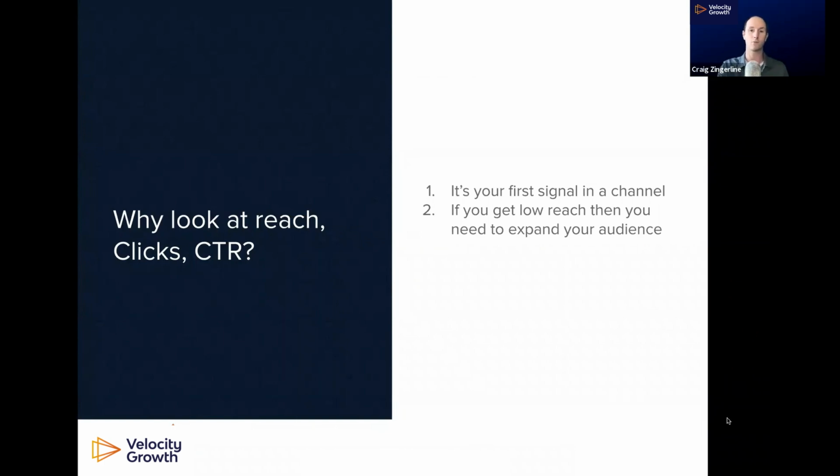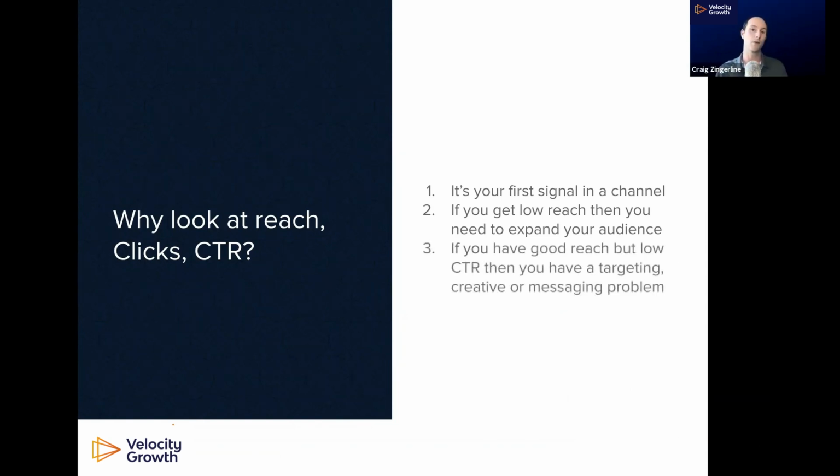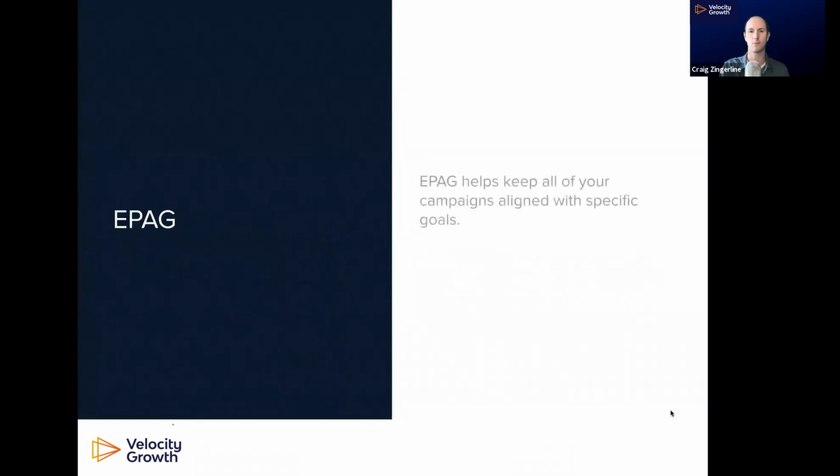But if you're getting too low of reach and you are doing a lot of this really granular targeting, think about expanding that audience. Conversely, if you've got great reach, but you can't drive clicks, or you've got a really low click-through rate or a really low engagement score within these different channels, you might have a targeting problem, or more likely your creative and messaging is just not resonating with your target audience, and you really start there.